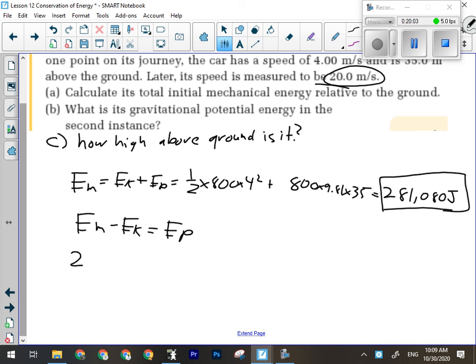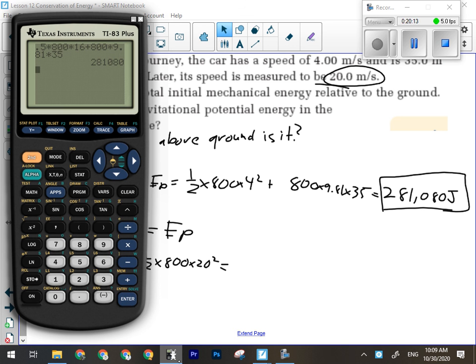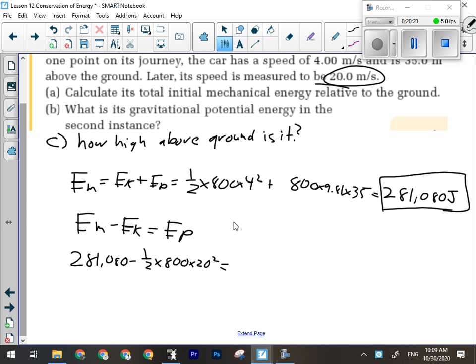So I take my 281,080 joules, and I subtract 1/2 times 800 times 20 squared, and that'll give me my new potential energy. So minus 0.5 times 800 times 20 squared. All right, so I have 121,080 joules worth of potential energy left.